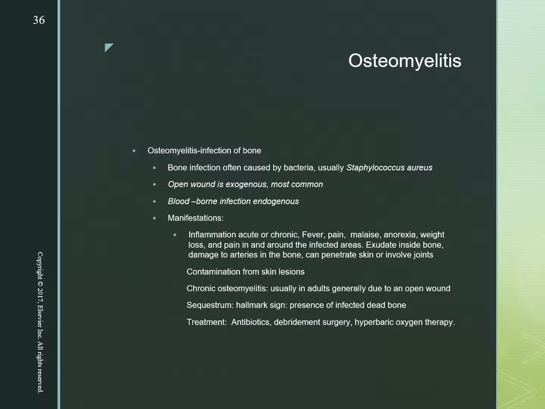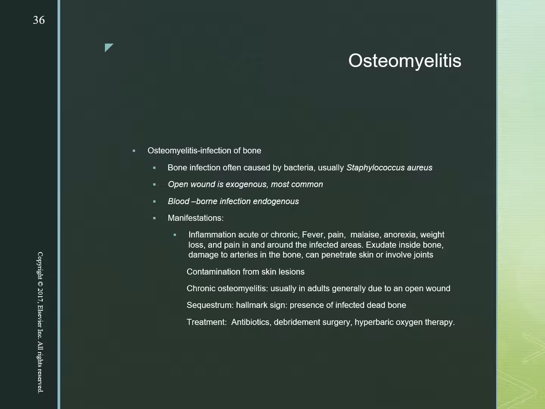So, osteomyelitis. Osteomyelitis is an infection of the bone. The bone infection is often caused by a bacteria. It's usually Staphylococcus aureus. If it's an open wound, we call it exogenous, and that's the most common. If it's a blood-borne infection, it's endogenous. It's manifested by inflammation.